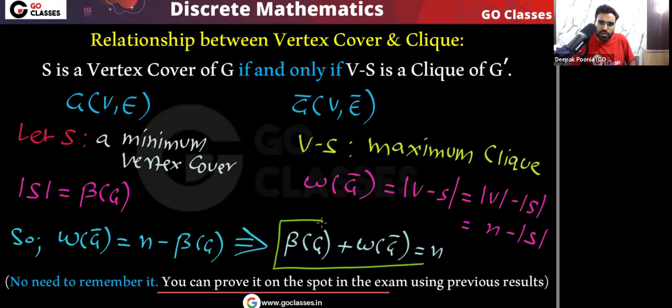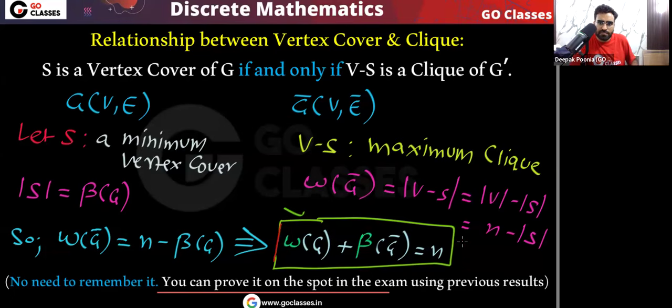Okay, don't worry, you don't need to remember it. I'm just telling you that you can prove it on the spot. So you can see that beta of G plus omega of G complement is equal to the number of vertices. The same thing you can also say: omega of G plus beta of G complement is equal to the number of vertices.